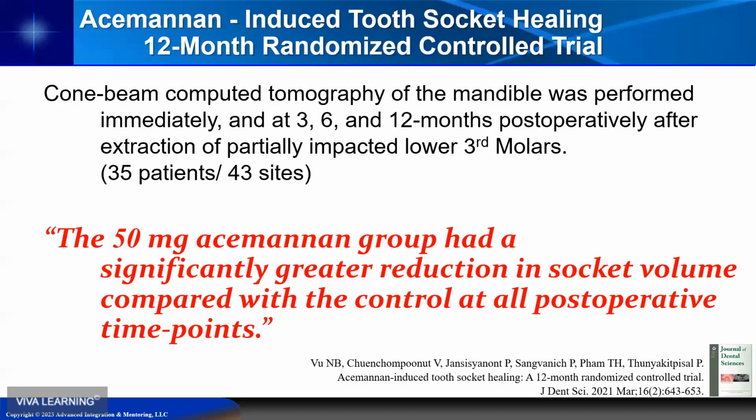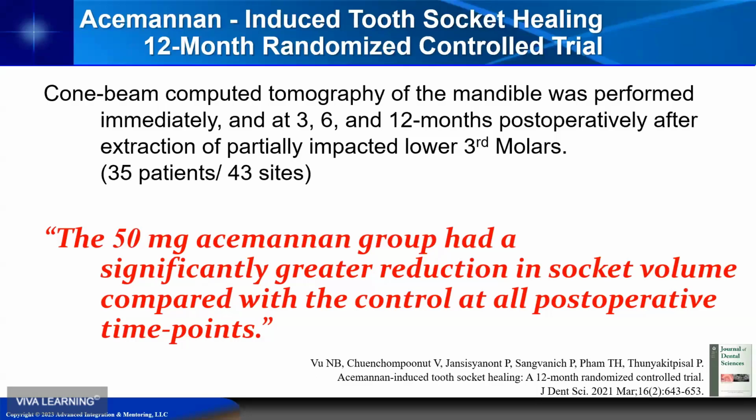And this was looking at a variety of sites. The outcome of this study was actually showing that the 50 milligram Ace-Mannan group had a significantly greater reduction in socket volume. In other words, the regeneration of the bone in the extraction site at all times postoperatively.